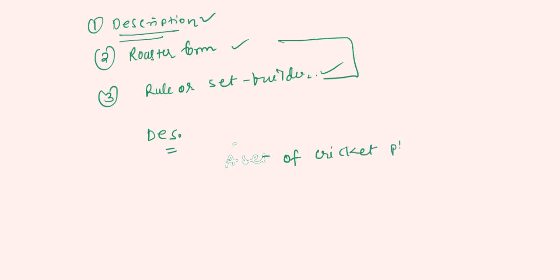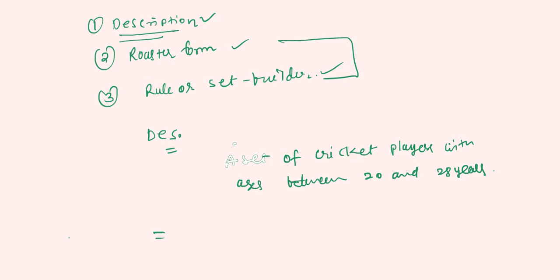cricket players with ages between 20 and 28 years. So now this we have to write in description method.